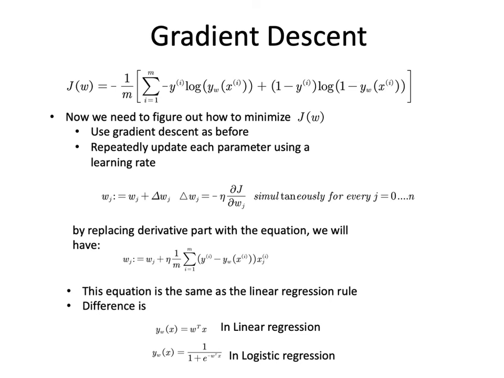We take steps in the opposite direction of the gradient, where the step size is defined by the learning parameter eta, and the gradient of the loss function with respect to the weight w. We keep on updating the weight until we reach convergence, and convergence is reached when the gradient becomes 0.